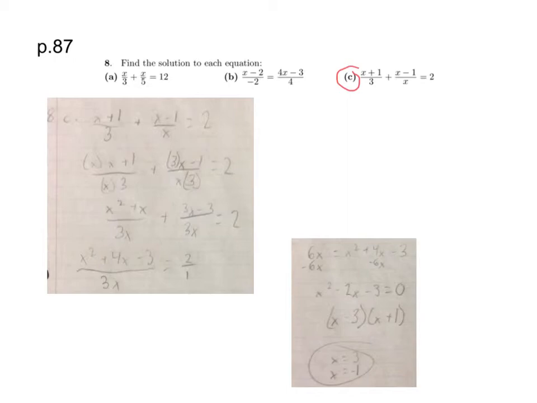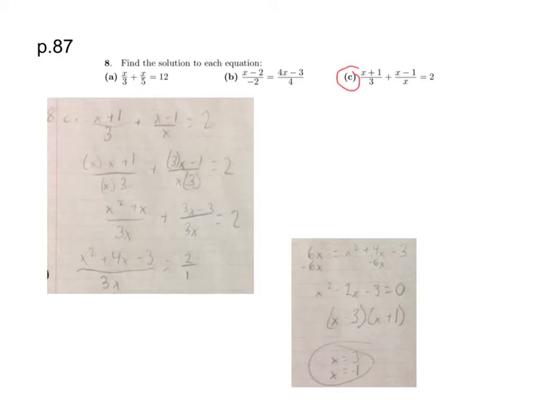Because we have to find x, we're going to need to isolate it in a way that'll give us the answer. So we cross multiplied both sides because they are equal to each other, and we can do that. And we get 6x is equivalent to x squared plus 4x minus 3.